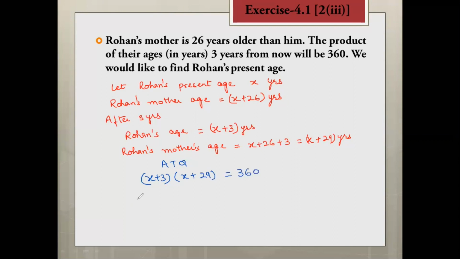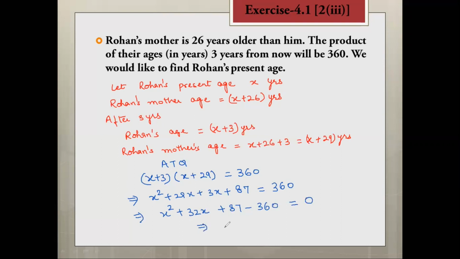360. Okay, now we have to just multiply this one. x square plus 29x plus 3x plus 29 into 3, that is 87, is equal to 360. So we have x square plus 32x plus 87 minus 360 equals 0.